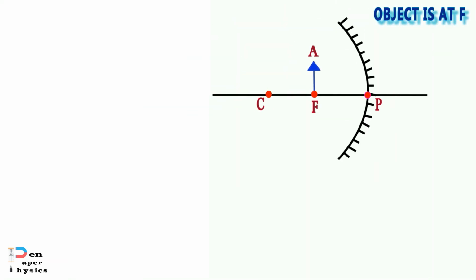Next we will learn about the ray diagram when the object is kept at F. Here also we will draw two rays from the tip of the object A. First ray parallel to principal axis and second ray a ray passing through the center of curvature.